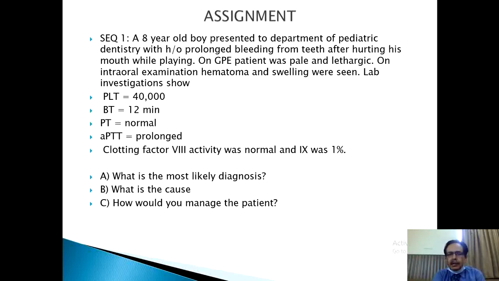On intraoral examination, there is hematoma and swelling inside the cheeks, and the lab investigation shows platelets about 40,000, BT 12 minutes, PT normal, APTT prolonged, coagulation factor activity was normal, and factor 9 was 1%. Now you can very easily guess 1%. What is the most likely diagnosis, what is the cause behind it, and how would you manage this patient?